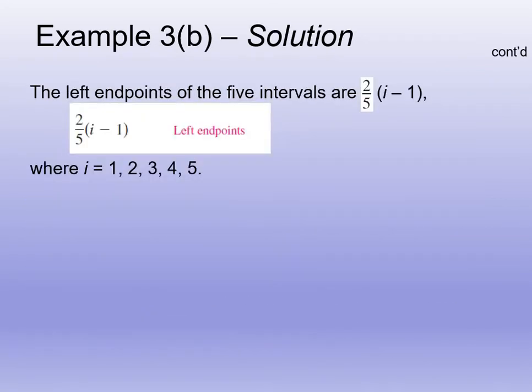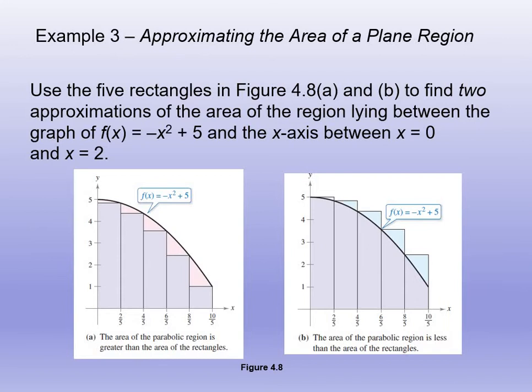So if we want to do the left endpoints, we just did the right endpoints. Now we're going to do the left endpoints. So let's step back to this slide here. We're going to do the picture on the right. Notice the left endpoints of the rectangle. With these rectangles, we're going to be approximating the area that's slightly above the curve.